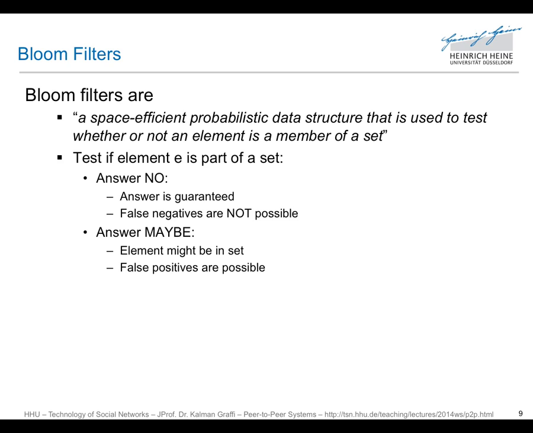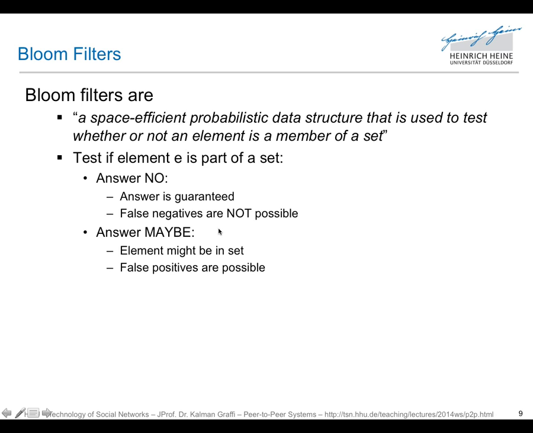Let's say I have a Bloom filter, which might also be 160 bits. I give it to you, and you can check a large number of elements, whether they are part of this set or not. And there are two answers. The one answer is no, and the other answer is maybe. Maybe might be a yes, might be a no.